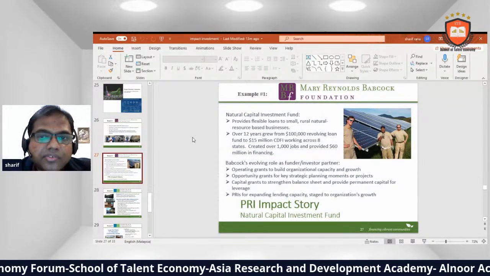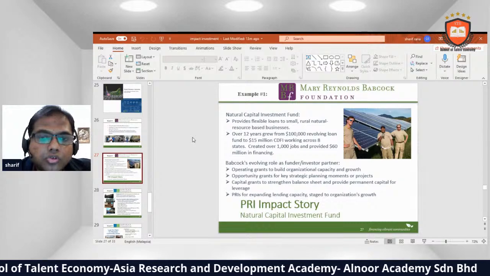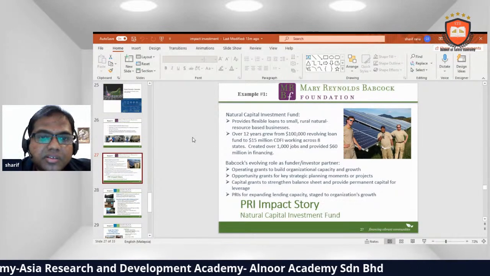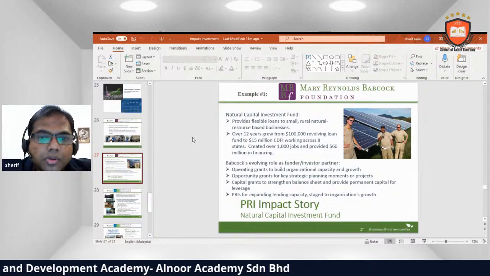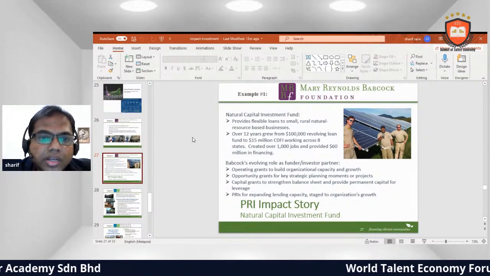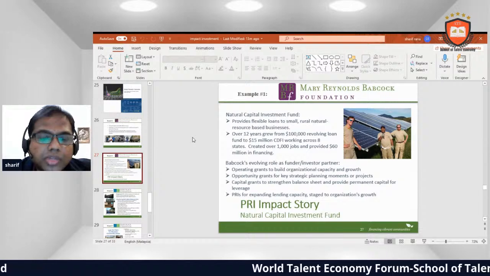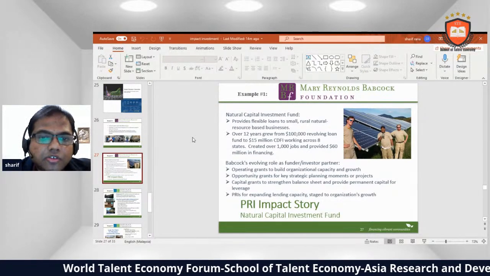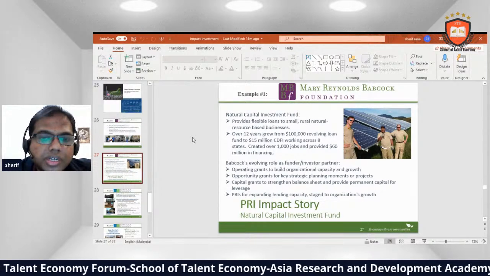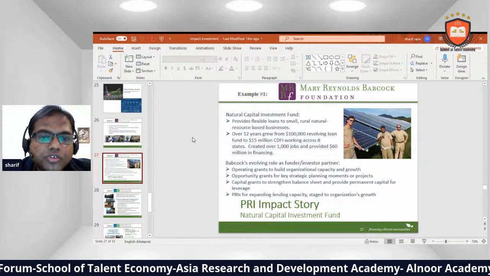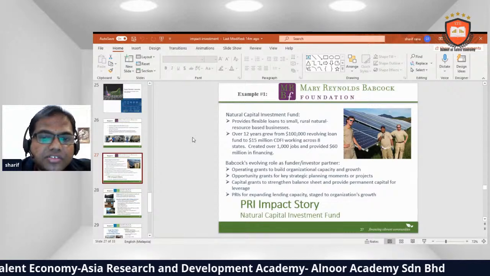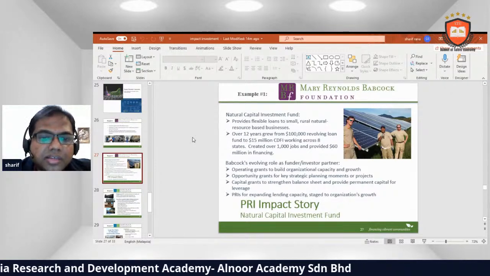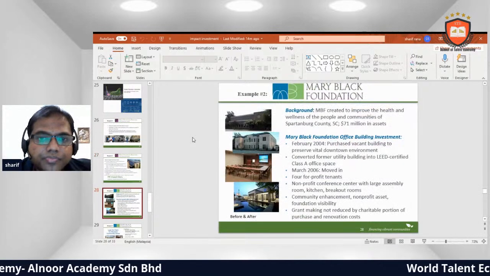The Natural Capital Investment Fund provides loans to small natural-resource-based businesses. In 12 years, it grew from a 100,000 revolving loan fund to a $15 million CDFI working across a state, creating over 100,000 jobs and providing $60 million in financing. Operating grants build organizational capacity, opportunity grants support a key strategic planning moment or project, capital grants strengthen balance sheets and provide permanent capital for leverage, and PRIs support expanding leverage capital strategy or organizational growth.